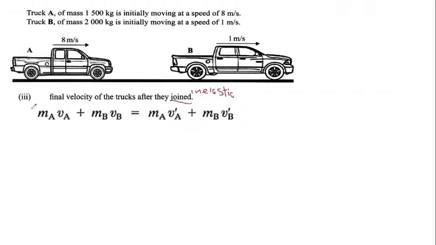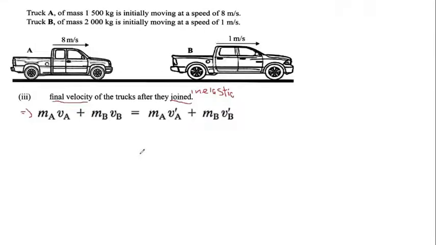Now, I included the formula in this question, but on an exam, you're not going to get that formula. It's not on the formula sheet, so you're going to actually have to remember this formula. So the final velocity of the trucks after they've joined.